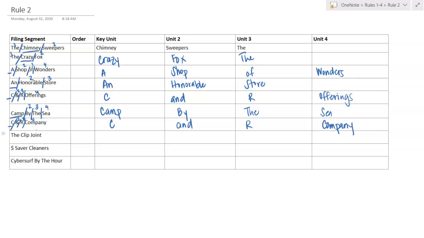We have the clip joint. Remember, rule 2 also states that if a business name begins with the word the, that's going to be our last unit. So clip is my key unit, joint is unit 2, and the is unit 3.